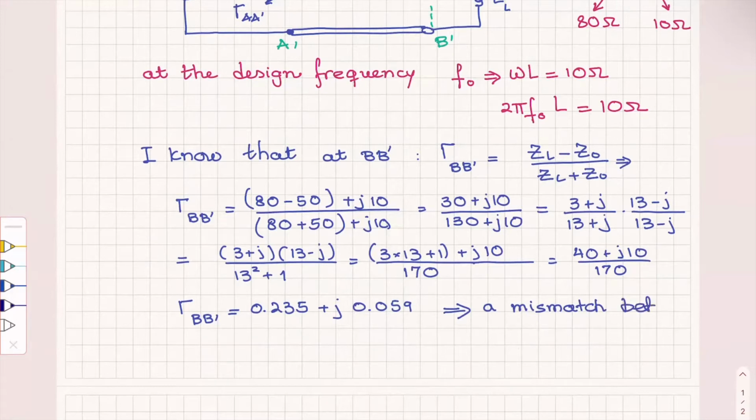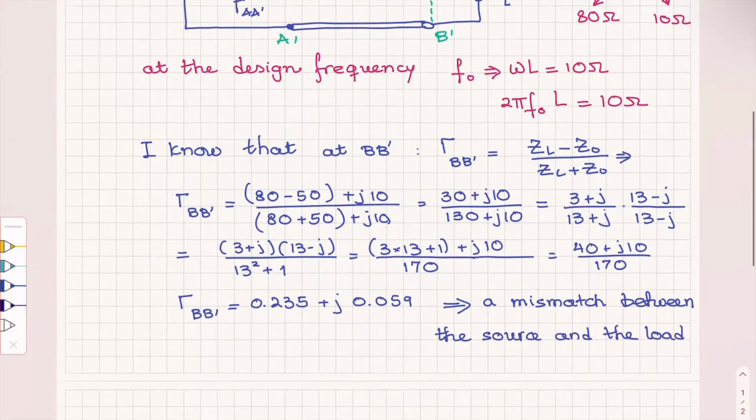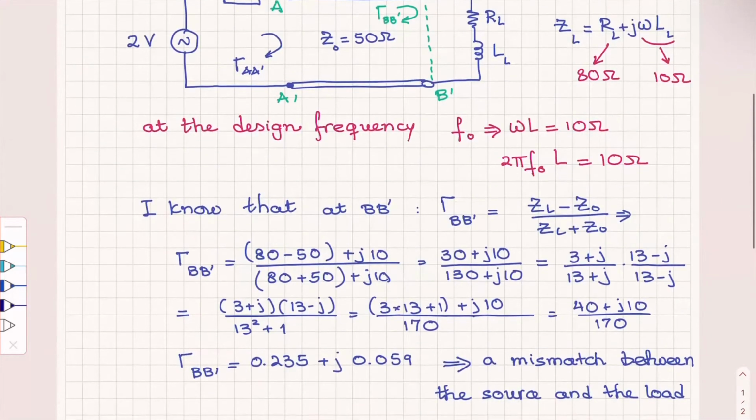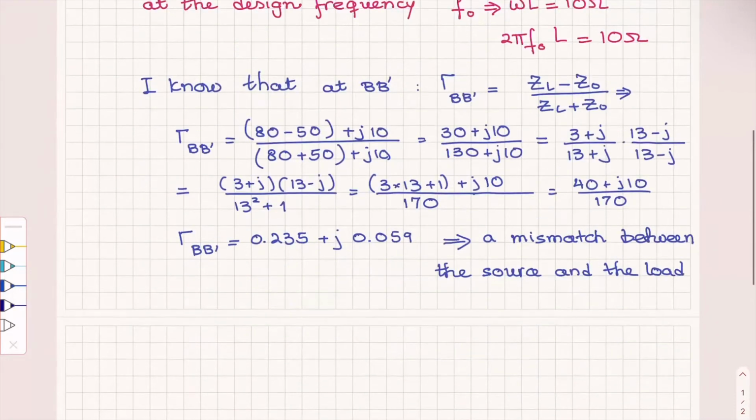between the source and the load. And I will have this mismatch because gamma B prime has a magnitude and has a phase. All right.